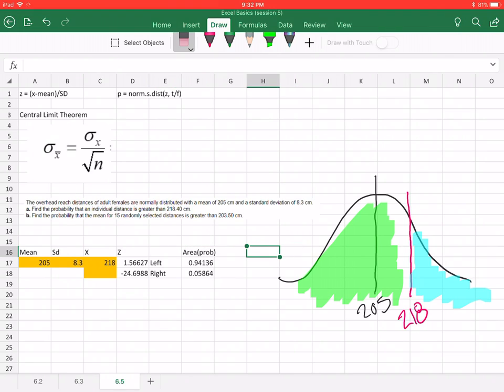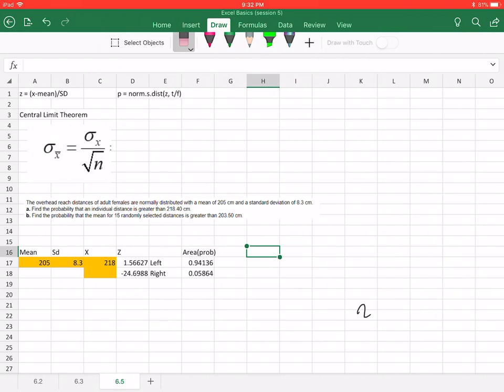The next part of the question, I'm going to have to erase this picture here so that I have some space. The next part of the question asks, find the probability that a mean for 15 randomly selected distances is greater than 203.5. So we're going to have to change our x here because it's different now.